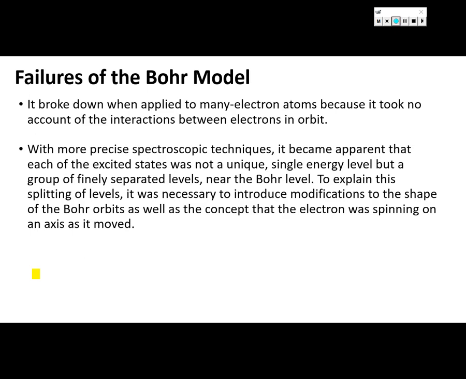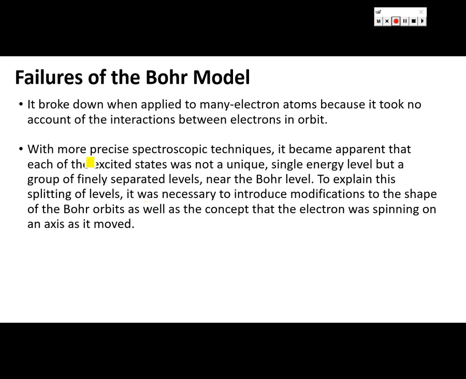Okay, so really he was just a victim of his equipment. His equipment, much like ours that we're going to use, was just too simple. And once they could use more precise techniques, lines that he thought were one line, so one orbit, actually could be split into many more orbits or many more lines.